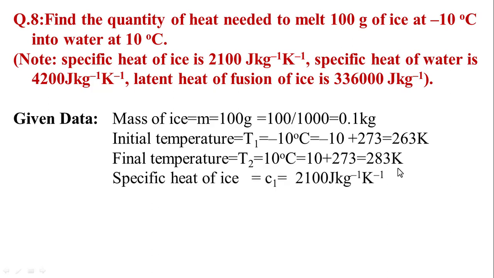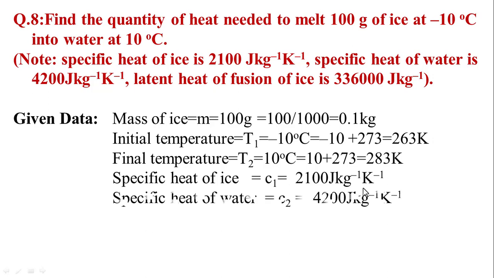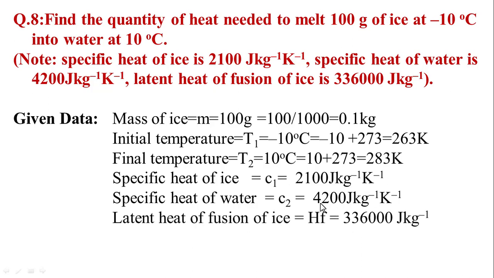Now, specific heat of ice C1 is equal to 2100 joule per kg per Kelvin and specific heat of water denoted by C2 is equal to 4200 joule per kg per Kelvin. Now the latent heat of fusion of ice HF is equal to 336,000 joule per kg.